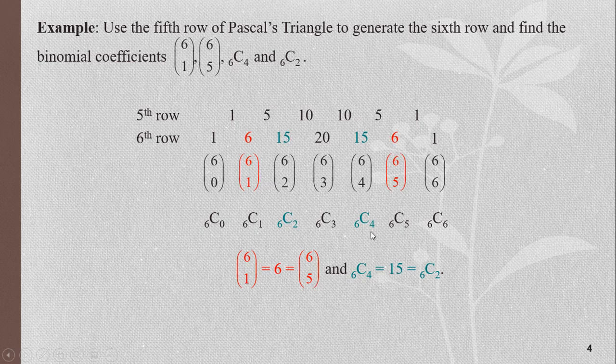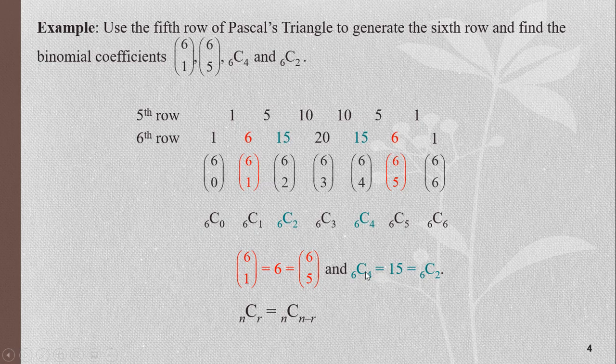Well, if we looked at this, the 6th row 4th element is 15, and the 6th row second element is 15. So we found all these, and you'll notice that since it is symmetrical, this one is equal to this one. A general way to say that is the nth row rth element is equal to the nth row, n minus r element.